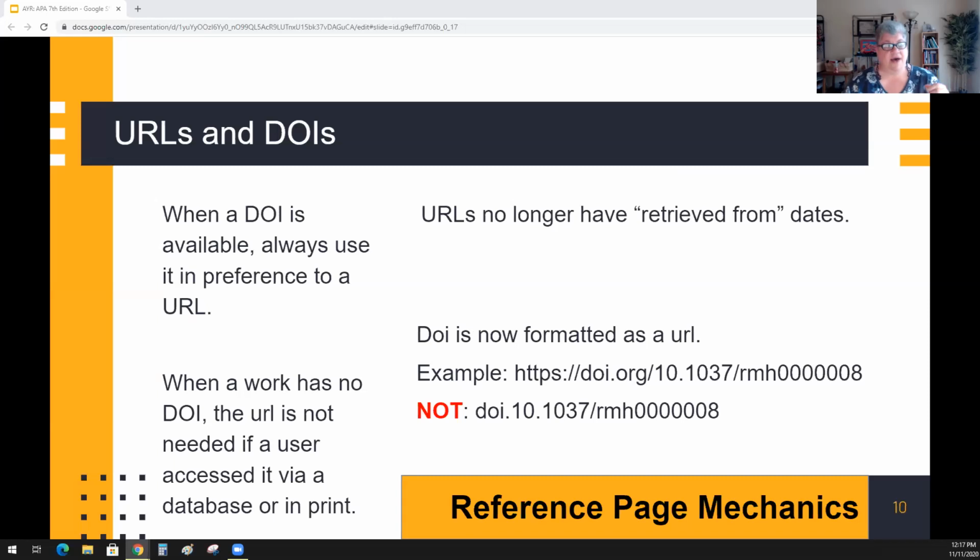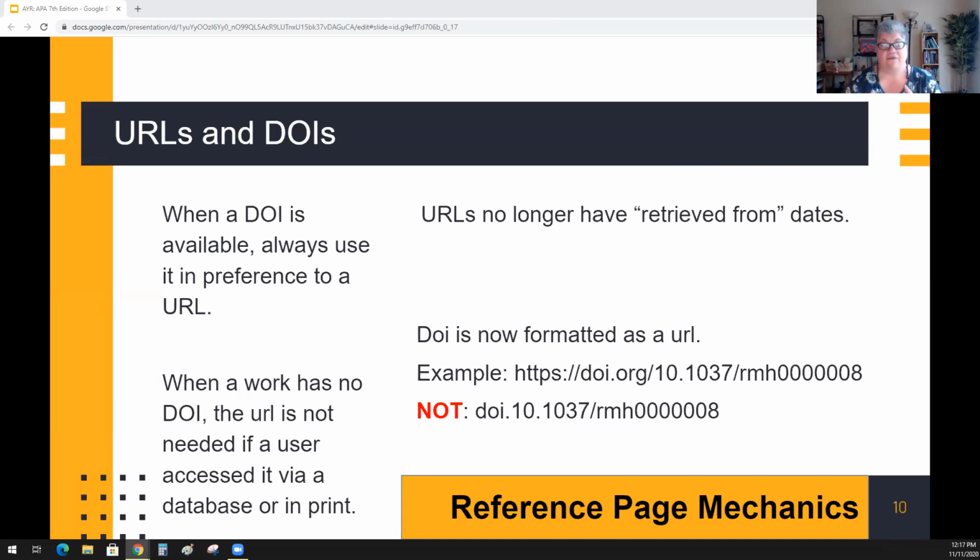Okay, so when a DOI is available, you should use it in preference to the URL, but when the work has no DOI, a URL is the perfectly acceptable way to go about that.